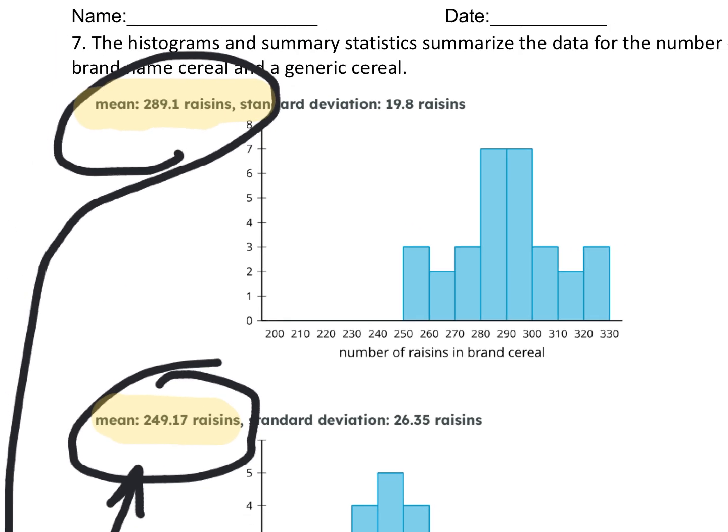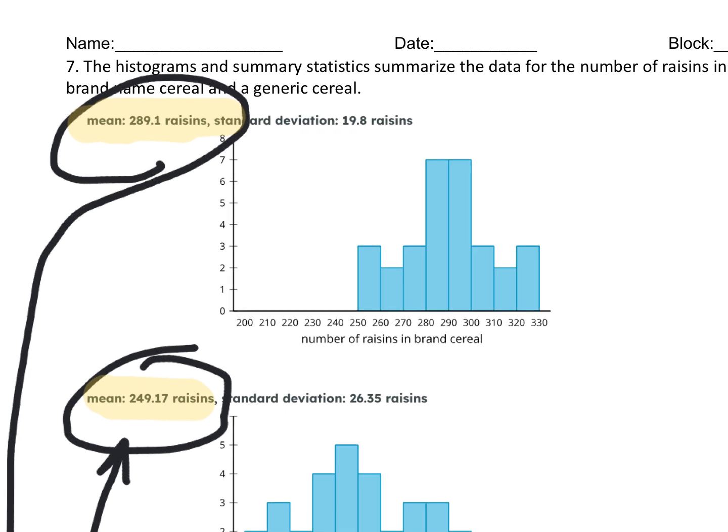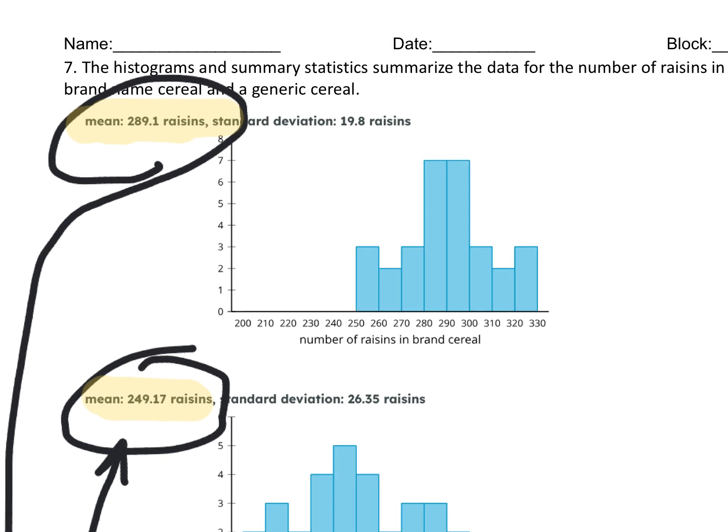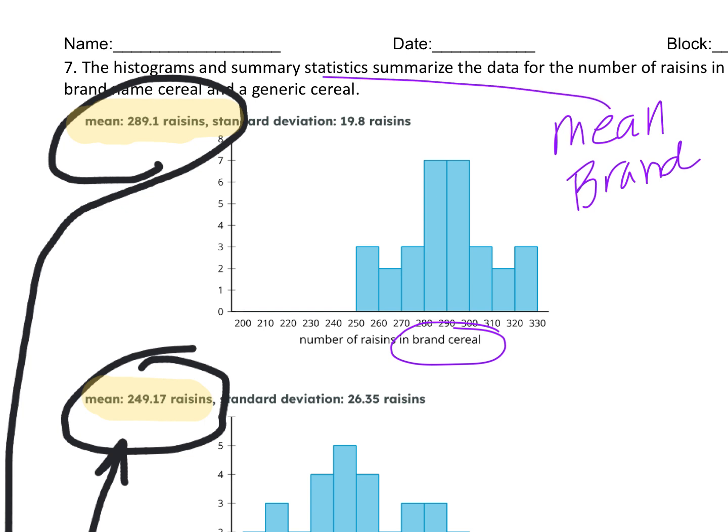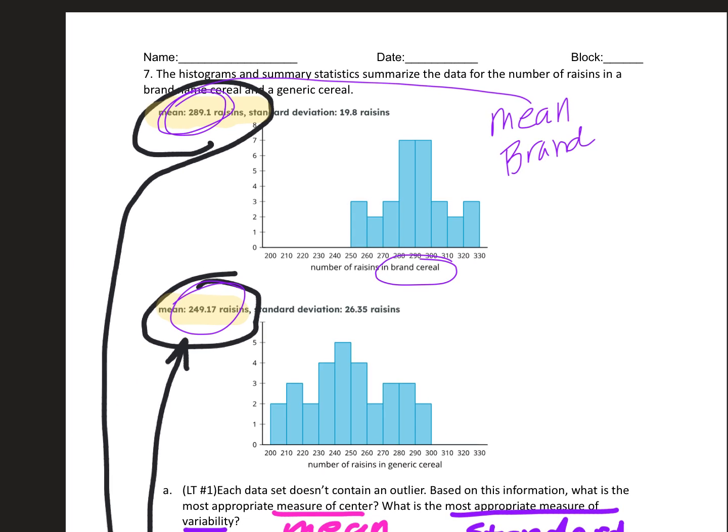So the mean for the brand cereal is 289, which is higher than the mean for the generic.